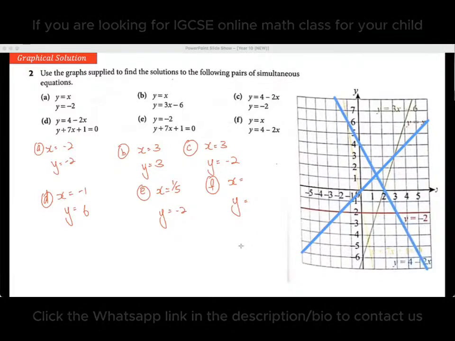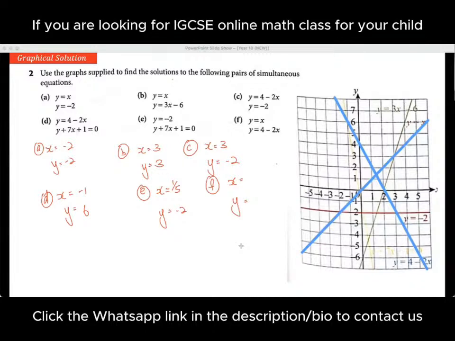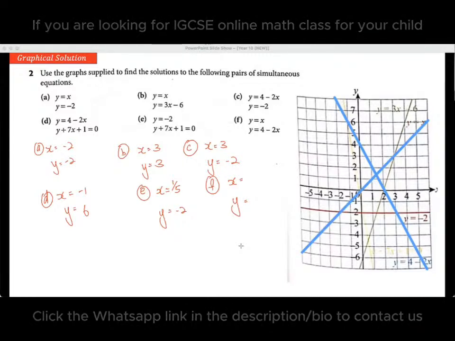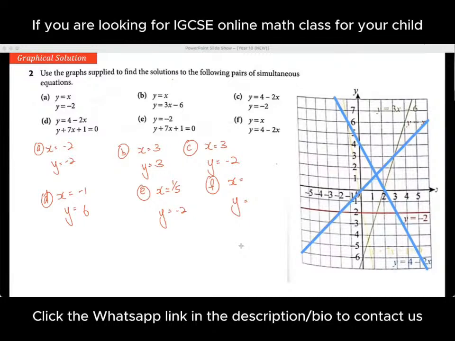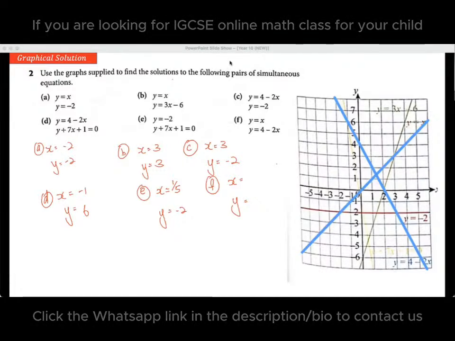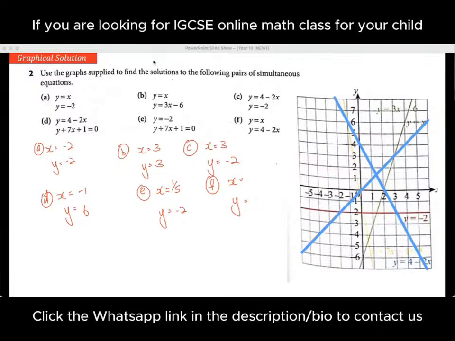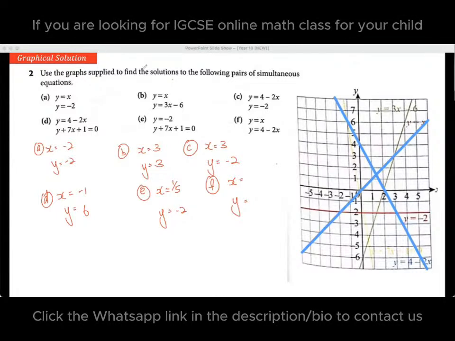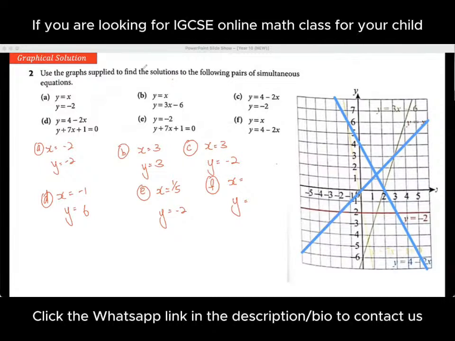Where is the intersection point for these two? 1.25, yes. X equals to 1.25. What about Y?